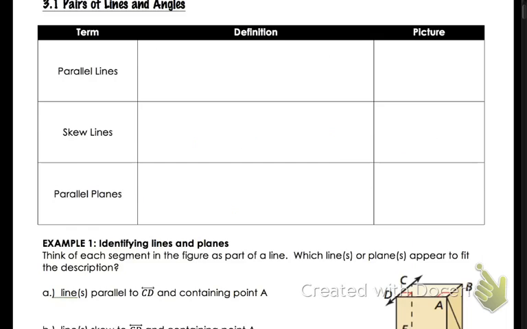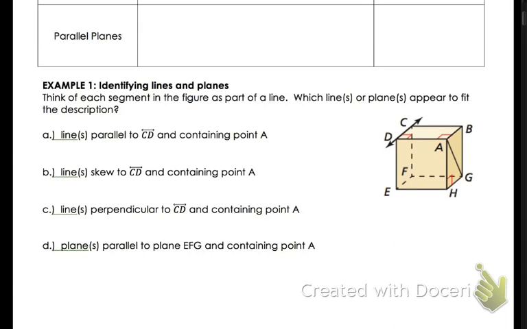So here's an example of identifying some of these things in a diagram. It says, think of each segment in the figure as part of a line. Which lines or planes appear to fit the description? The first one is we want lines parallel to line CD and containing point A. So here's CD.